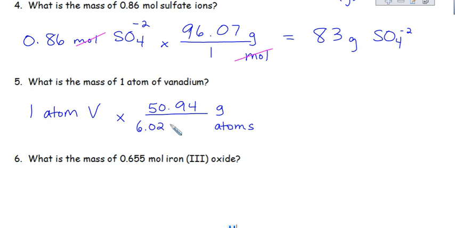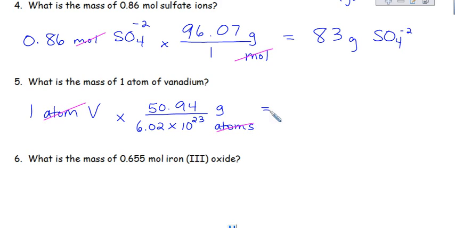6.02 times 10 to the 23rd atoms. We need to divide these. And I should get a crazy small number. Atoms and atoms will cancel just like I want. The mass per atom. Whoa. And again, maybe I'll go like 3 sig figs.